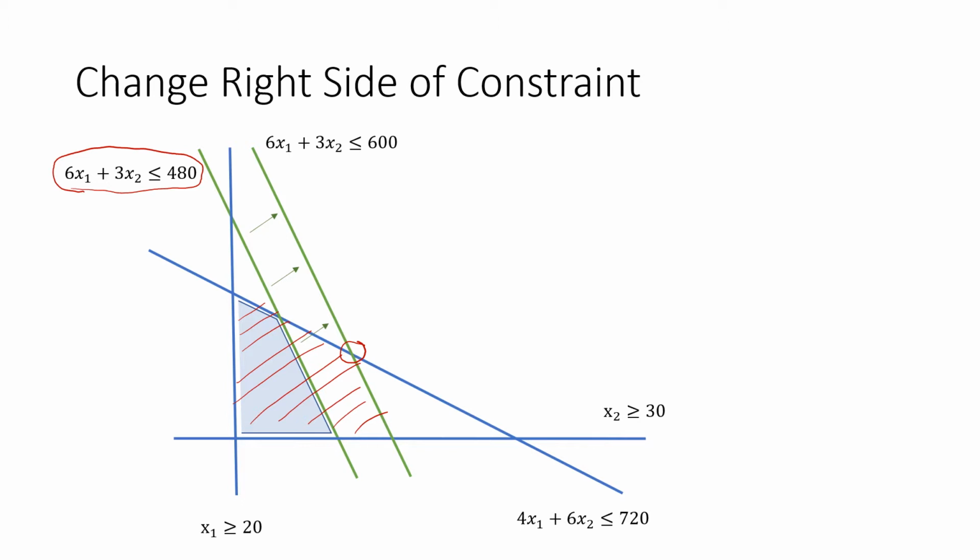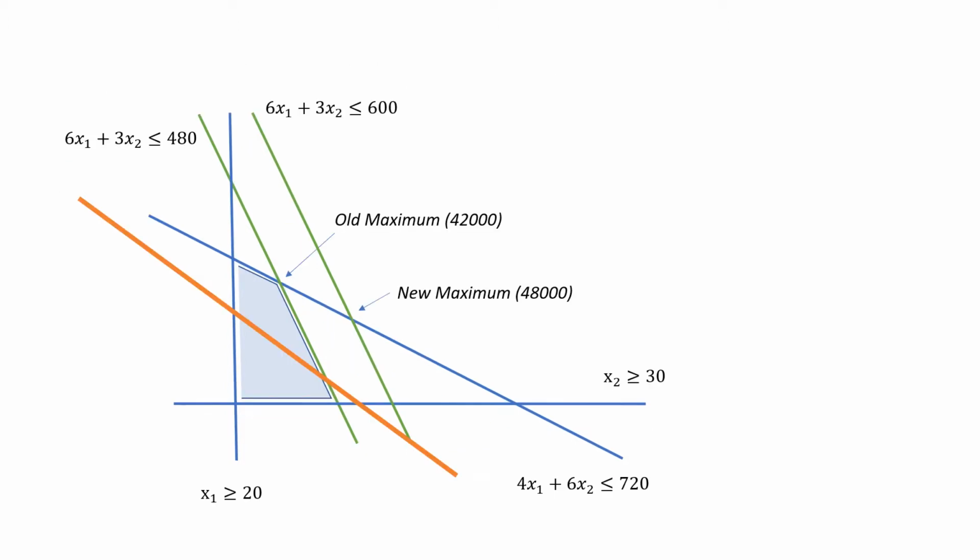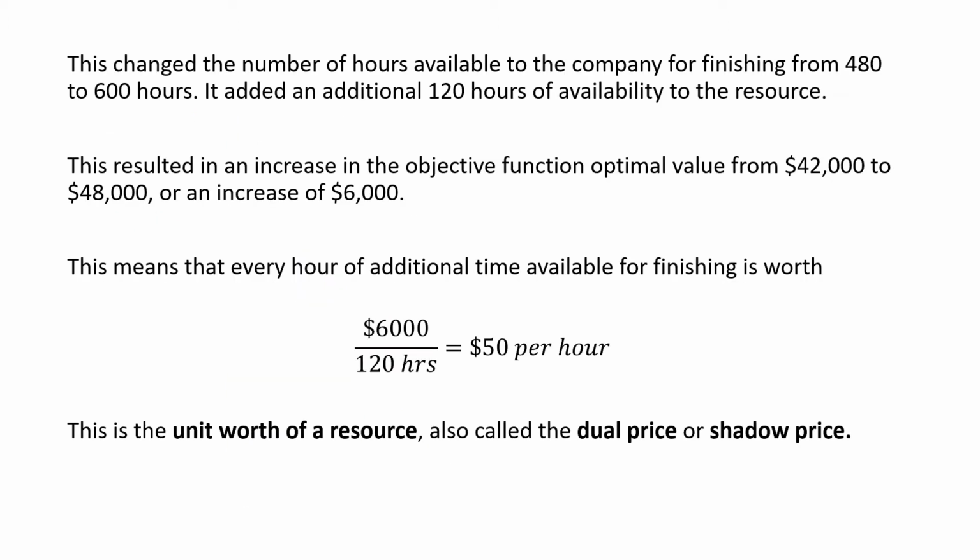It's going to be the same intersection so long as we don't move it too far. So we had our old maximum here. The orange line here is the objective function. We're going to find that our new maximum is over here. It's increased from 42,000 to 48,000, but it's still the intersection of the two lines, just so long as you don't go too far. We'll get into that in a minute.